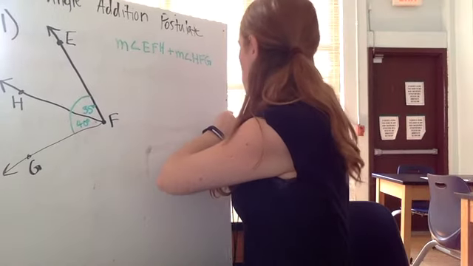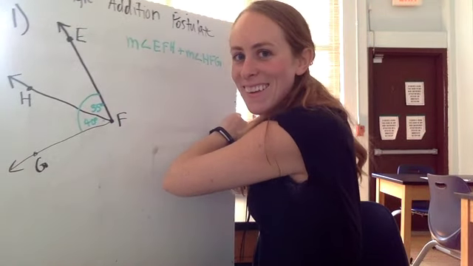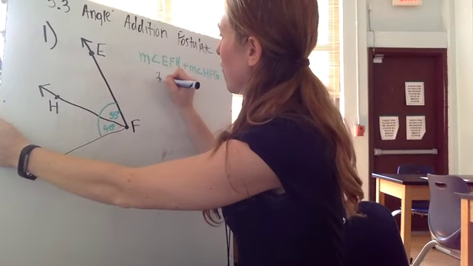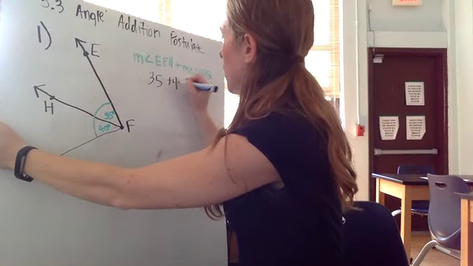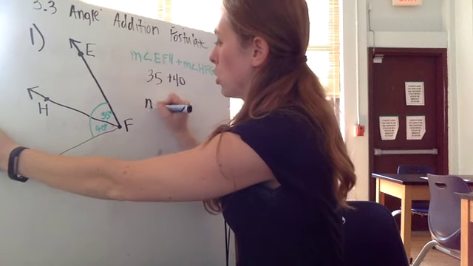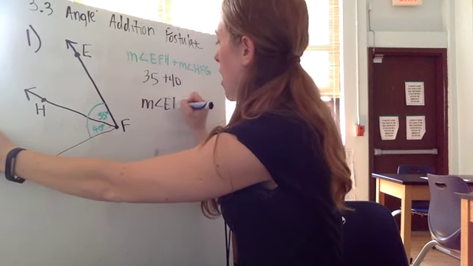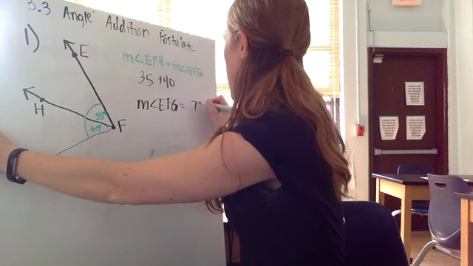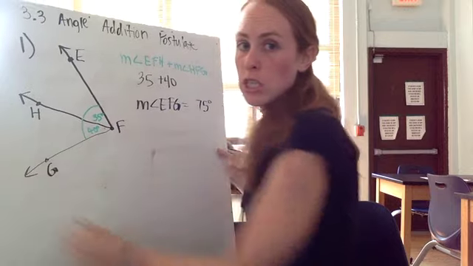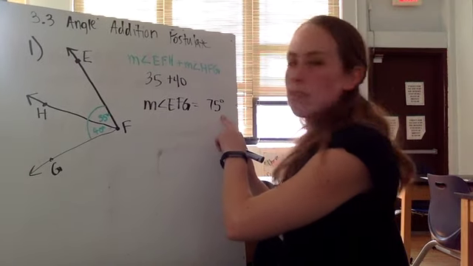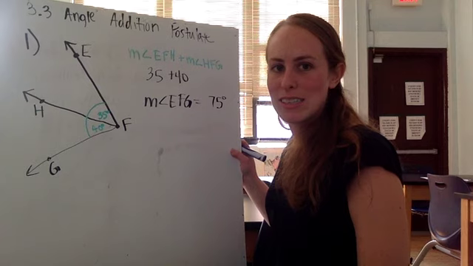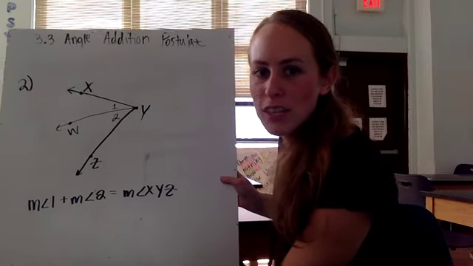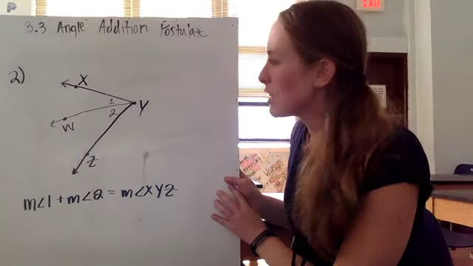We need to do 35 plus the 40, and that would give me that the measure of angle EFG equals 75 degrees. Don't forget your degrees there. Since it is an angle, we measure angle in degrees. That's number 1. Here is the picture that you will need to draw for number 2.